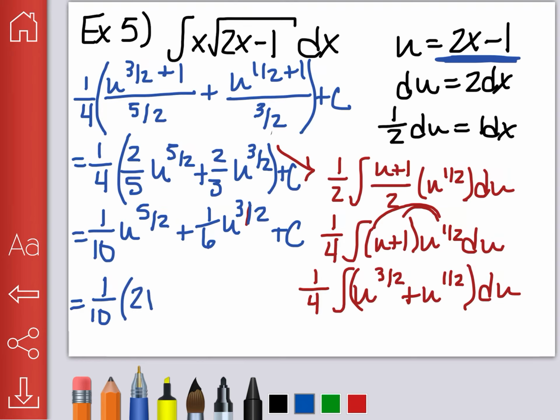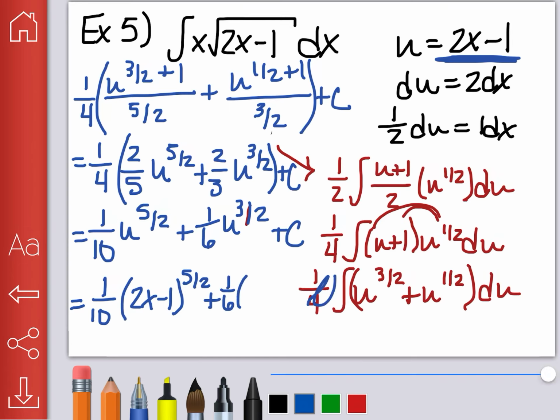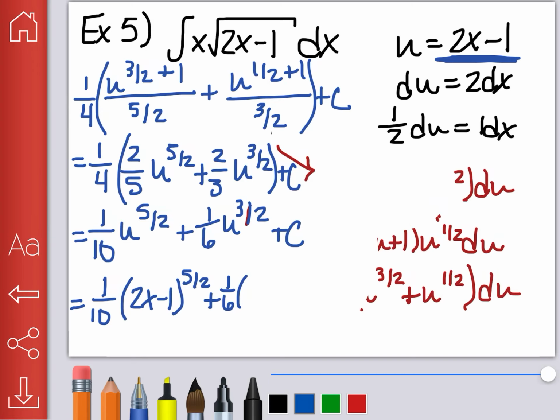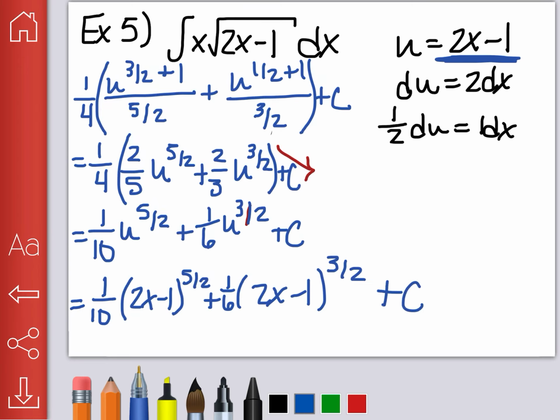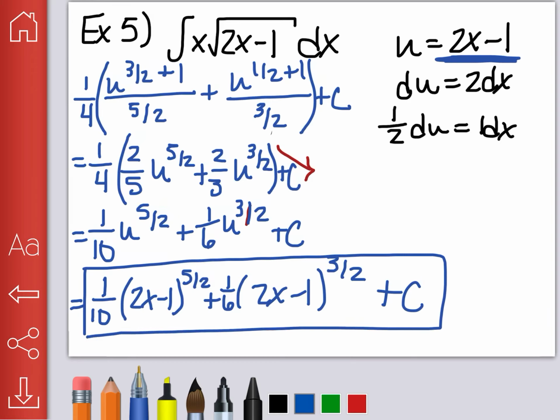So I have 1/10 times 2x minus 1 to the 5/2 plus 1/6 times 2x minus 1 to the 3/2 plus c. And that is my very long answer.